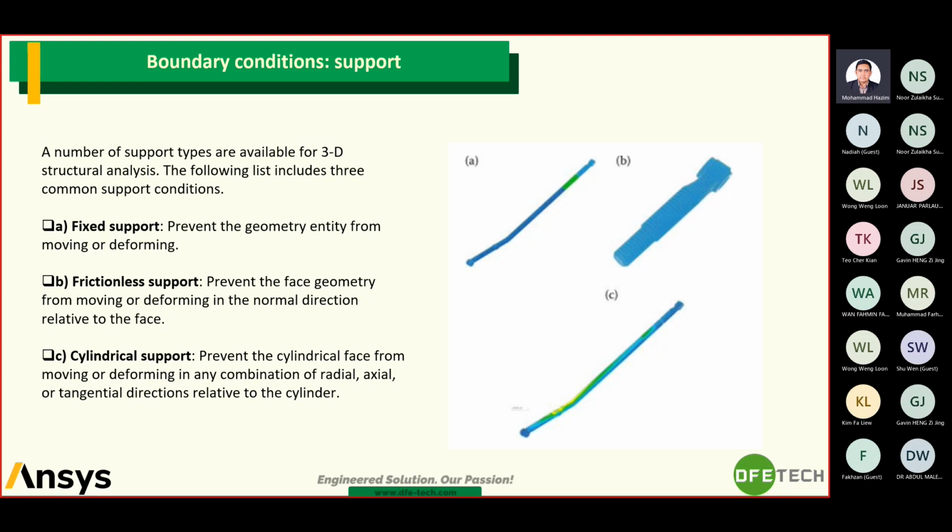Frictionless support prevents the face geometry from moving or deforming in the normal direction relative to the face. And we also have the cylindrical support. Cylindrical support prevents the cylindrical face from moving or deforming in any combination of radial, axial, and tangential directions.